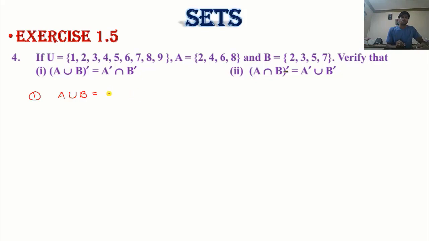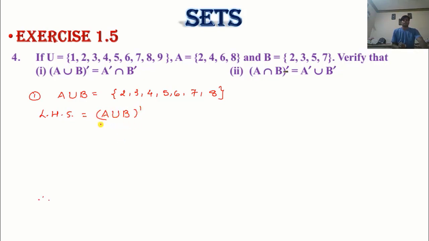Union means you have to include all these elements. So that is your A union B. Now for the left hand side, what is required? Left hand side equals (A union B) whole dash.